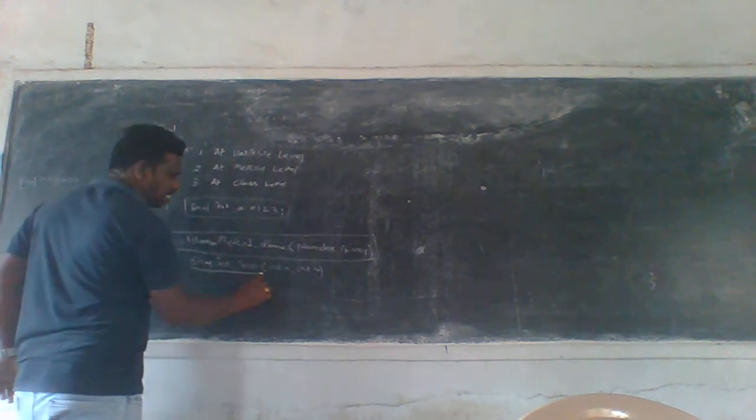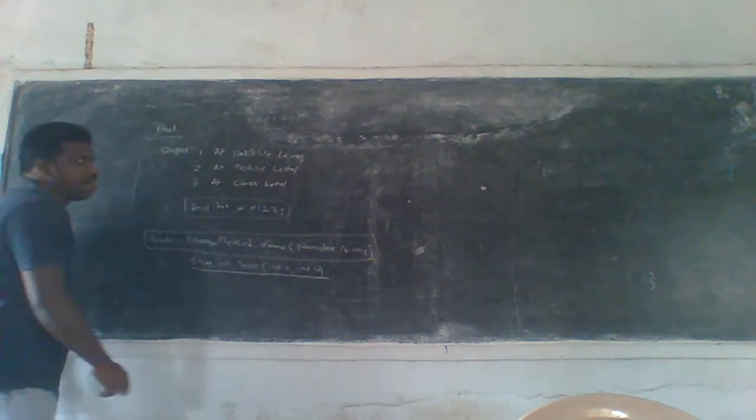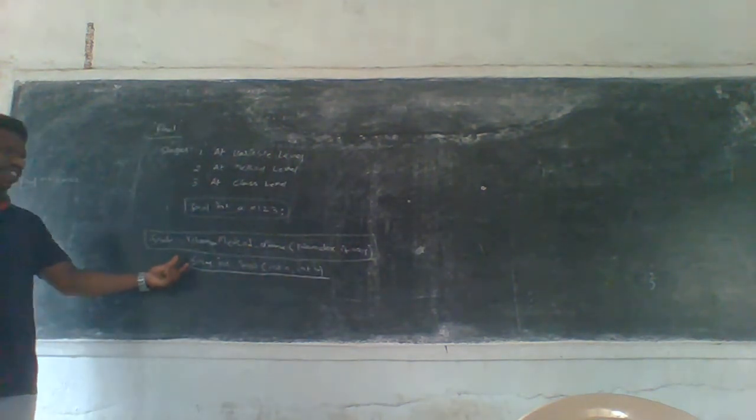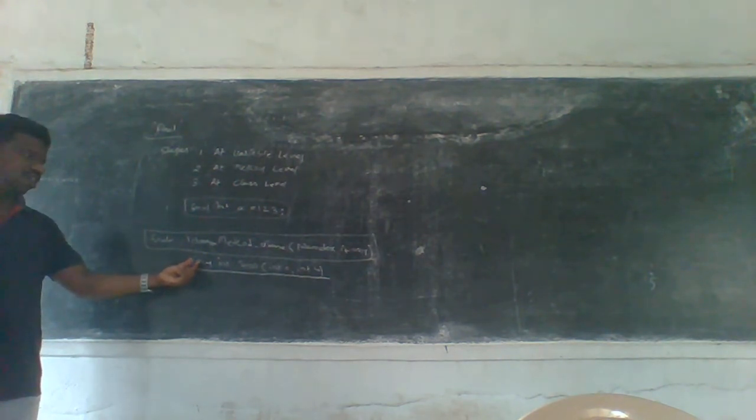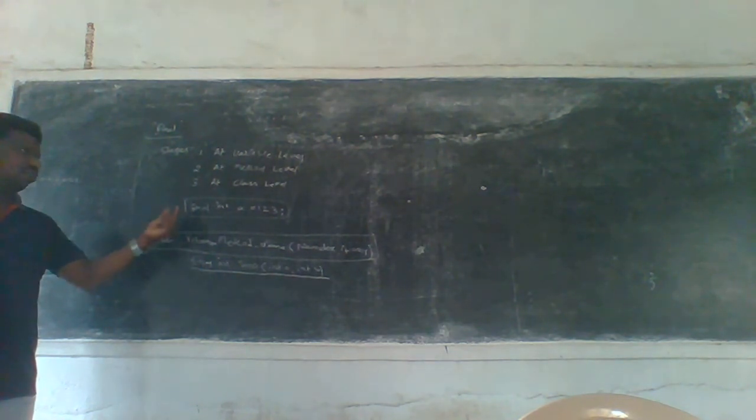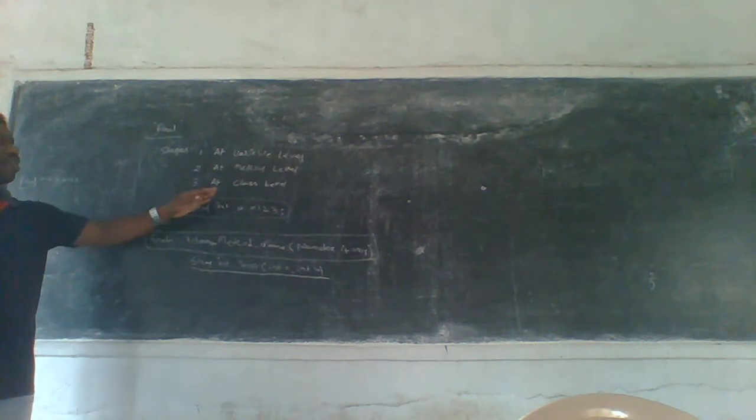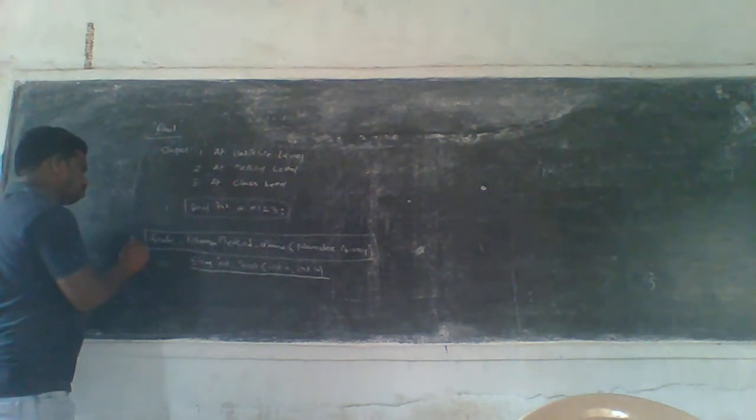Hence this method is treated as a constant method using the final keyword. So final is one of the keywords used to represent a fixed or constant value at three stages: variable level, method level, and class level.